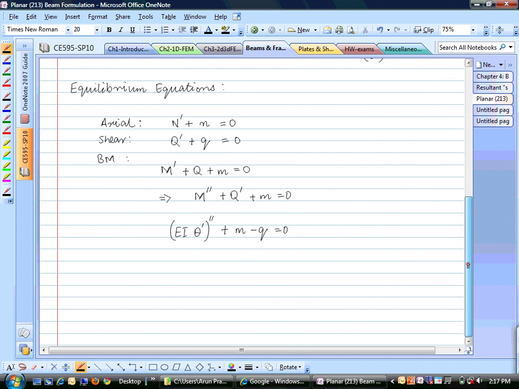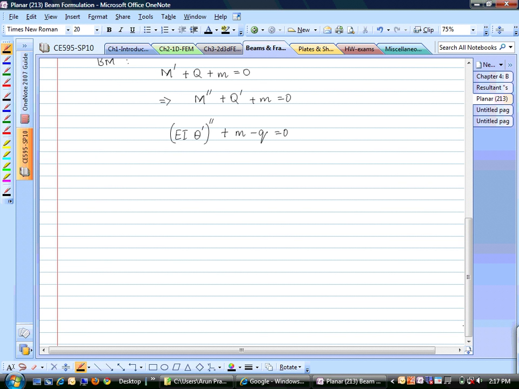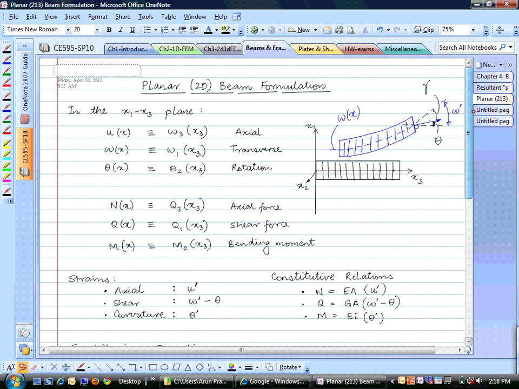Now, if you were to specialize it to the Bernoulli Euler beam theory, in that case, W prime is equal to theta. So what we are saying is that the cross section will always remain perpendicular to this centroid line. If that is true, then this angle is always going to be equal to theta.